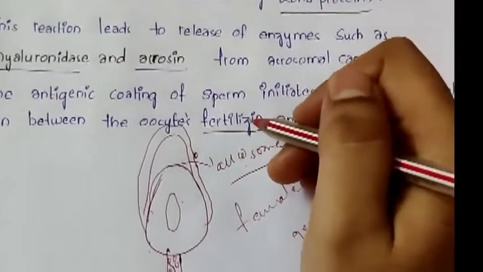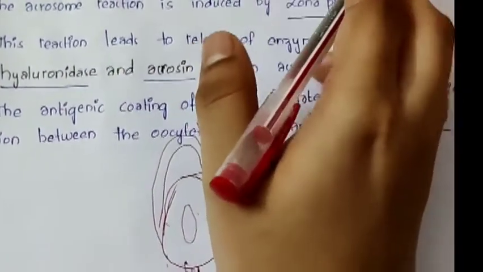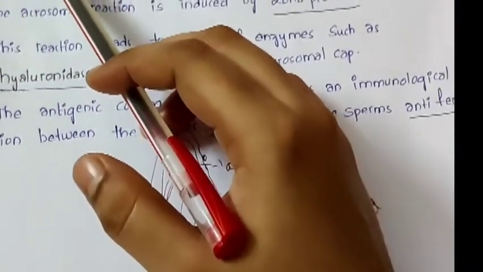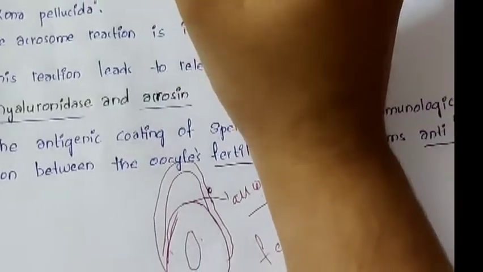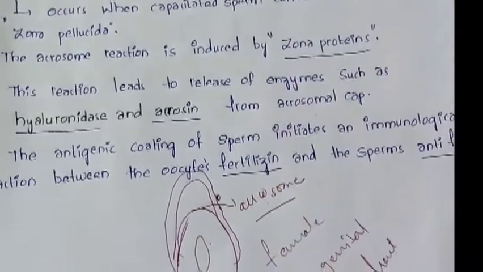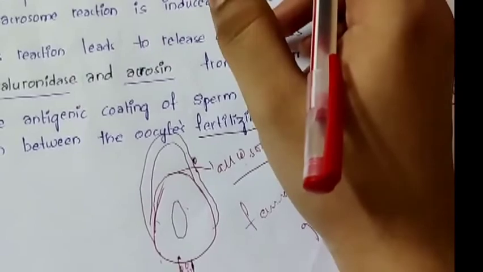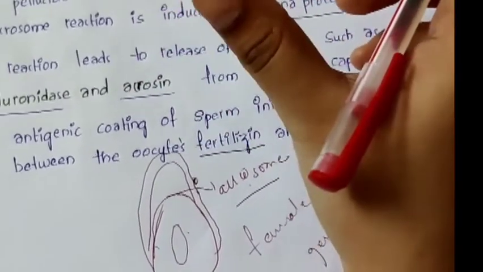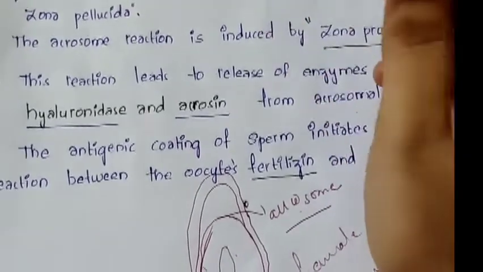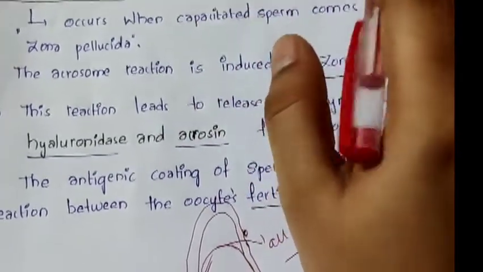It occurs in the female genital tract. Only capacitated sperms undergo the acrosomal reaction and fertilize the ovum. In clinical significance, only capacitated sperms can fertilize the ovum. If we take fresh ejaculates in an experiment, these cannot fertilize the ovum because they are not capacitated, because capacitation takes place in the female genital tract.